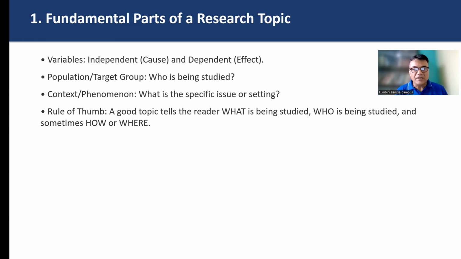As a rule of thumb, we have to keep in mind that a good research topic tells the reader what is being studied, who is being studied, and sometimes how or where it has been studied.